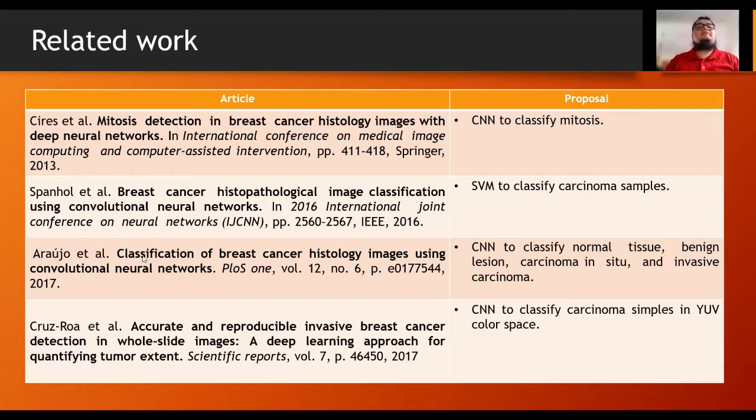The last work is proposed by Cruz Roa and his colleagues. Its name is Accurate and Reproducible Invasive Breast Cancer Detection in Whole Slide Images, a deep learning approach for quantifying tumor extent. They use a CNN to classify carcinoma samples in YUV color space.